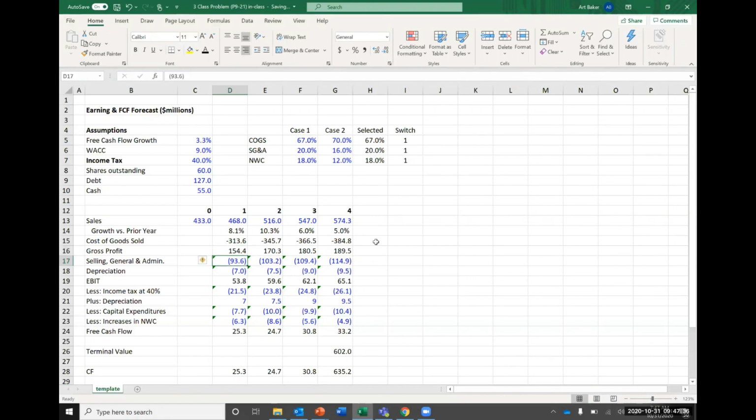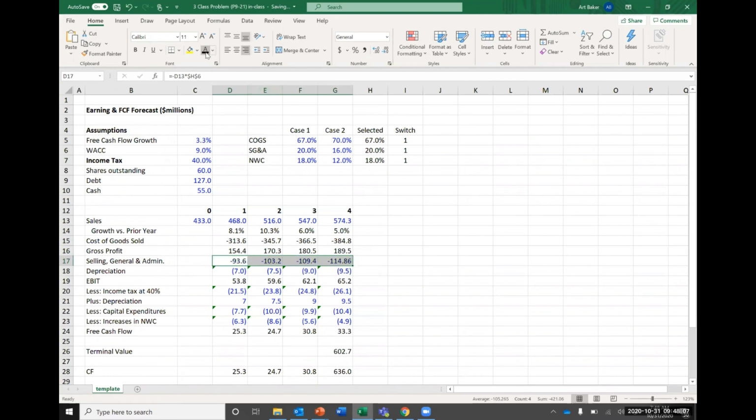And then I'll do the same for SG&A. So right now I have 93.6 negative. So I'll say sales times the 20% assumption in my selected case. So I'll multiply revenue by H6, and then I'll freeze H6 and make it negative. And then I'll draw this to the right.